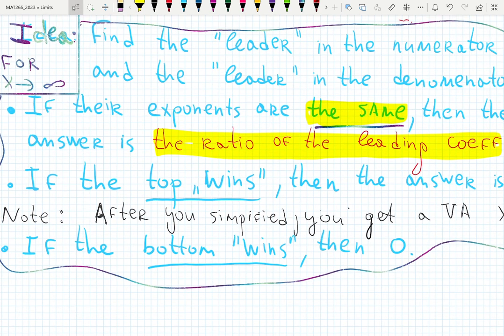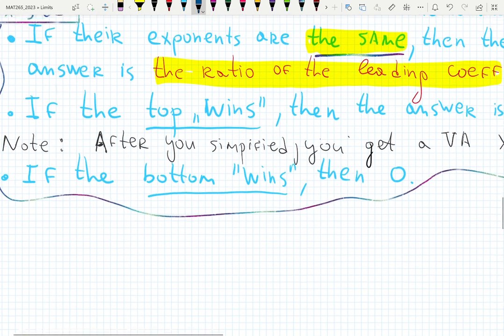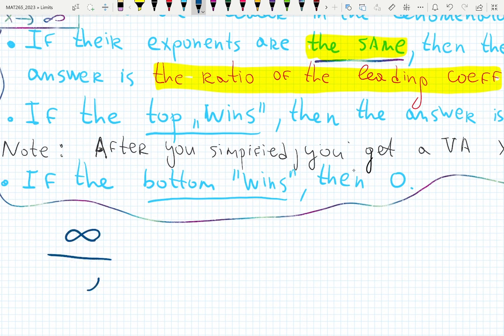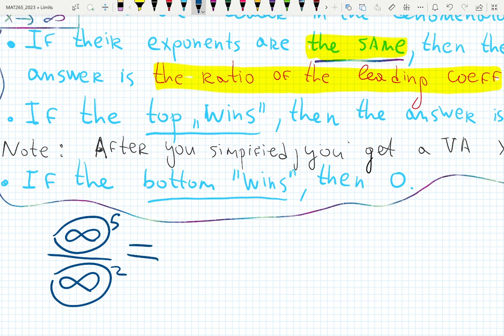So again, we have a fraction, and we have infinity over infinity, polynomial over polynomial. But they are not the same. That's why it's not 1. This infinity might be to the 5, and this infinity might be squared. Now one is obviously expanding faster than the other. It's like expansion. Who wins? Top wins. So you will have infinity. But now it's not very clear if it's plus or minus infinity.